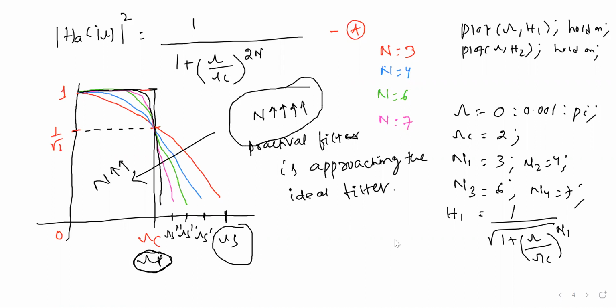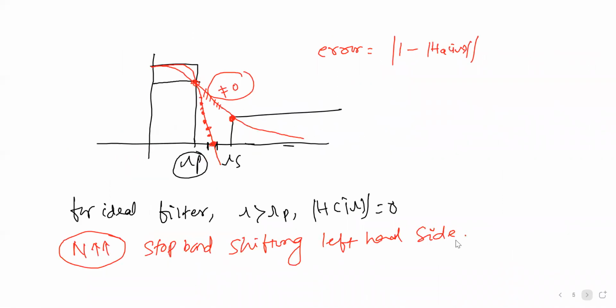But the important thing is you cannot go for a higher value of n in the design because it requires more manpower and more cost. And also one important thing: when the order is increasing, the error is decreasing. Same thing, practically it approaches the ideal when the order is increasing.